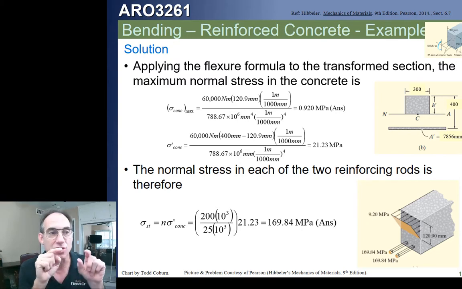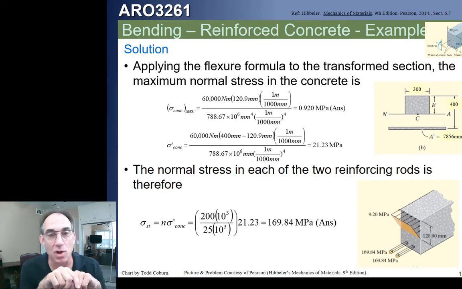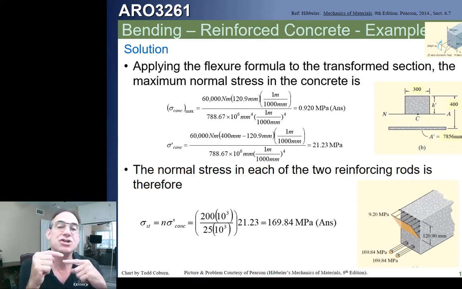I encourage you to solve this problem using what I laid out in the handbook, and then it will all be clear how straightforward it is. If I give you a rectangular beam with any number of steel rods, you'll find the same approach will work.